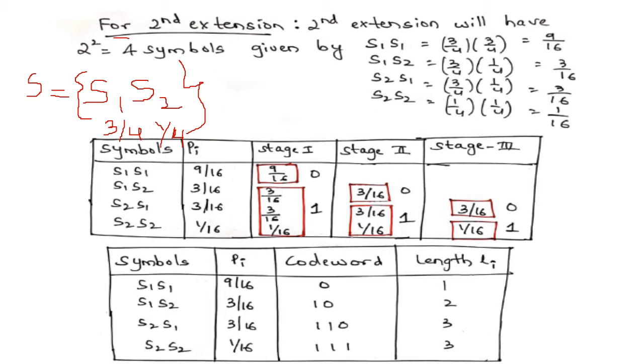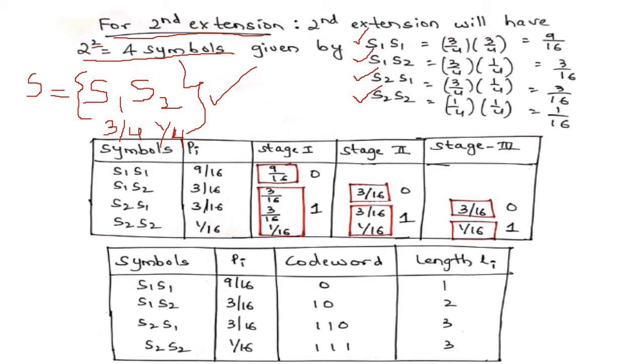So for the second order extension, we will have 4 symbols. The total source symbols are 2 in the first order, and the extension is 2. Therefore we'll have 4 symbols, and all these 4 symbols are formed using the first order symbols, that is S1 and S2. So we'll have S1 S1 as the first symbol, S1 S2, S2 S1, S2 S2.